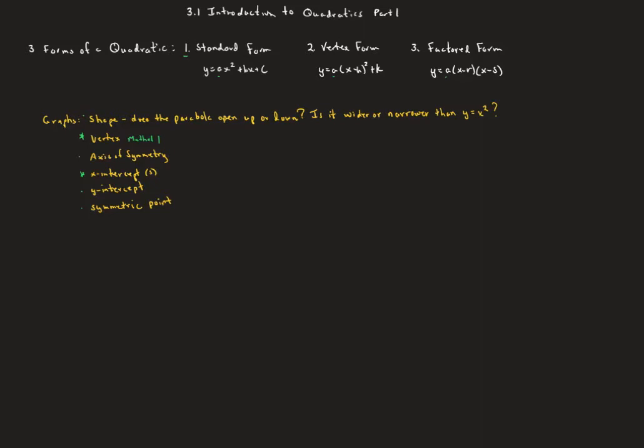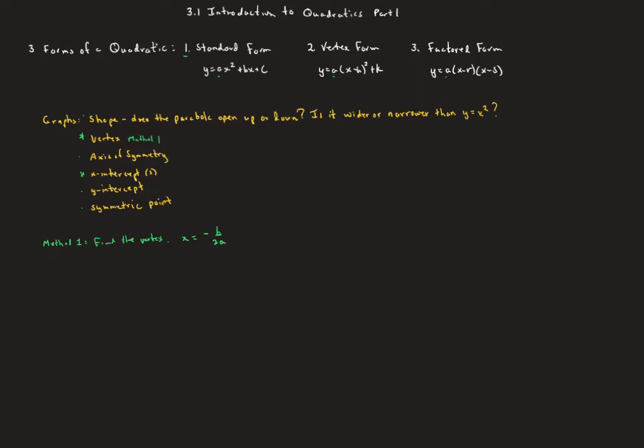So let's first talk about our method 1 for finding the vertex of a parabola. I'm going to tell you what it is, and I'm going to give you a little bit of a justification for that. The x-coordinate of the vertex of a parabola, if you can remember it, is x equals negative b over 2a.